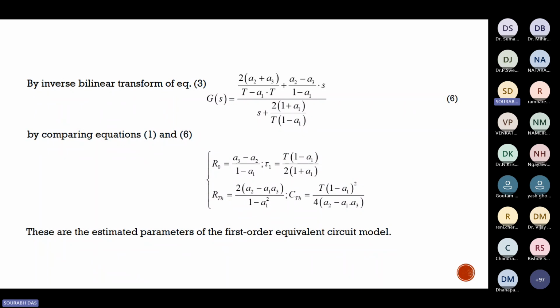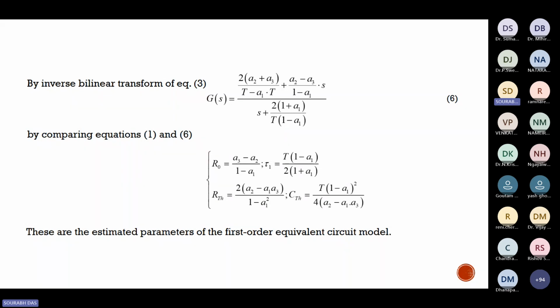In equation 1, G(s) is represented by R naught, RTH, and CTH, and G(z) is represented by A1, A2, A3. So from there, we can get the values of R naught, RTH, and CTH. These will be the estimated parameters of the first order equivalent circuit model.